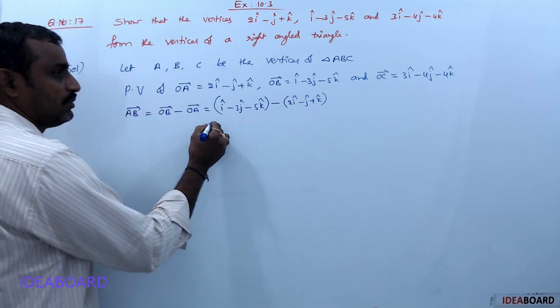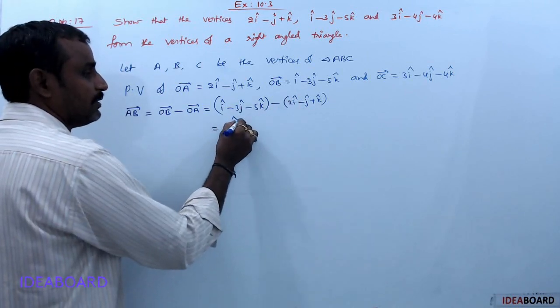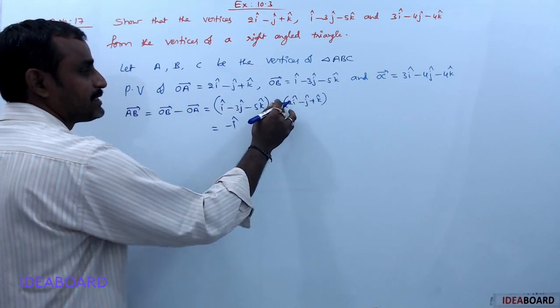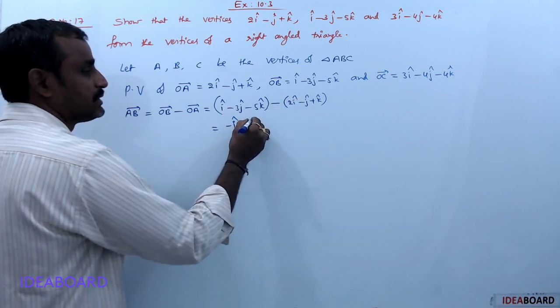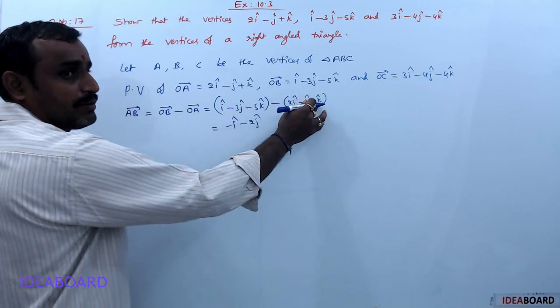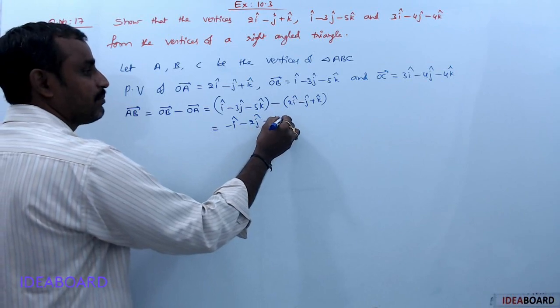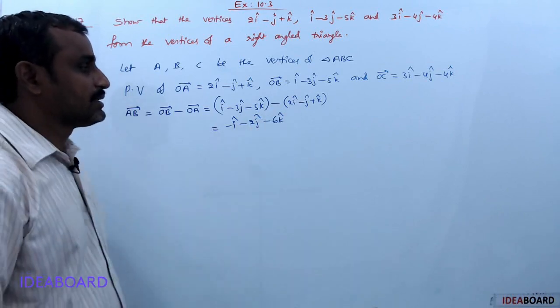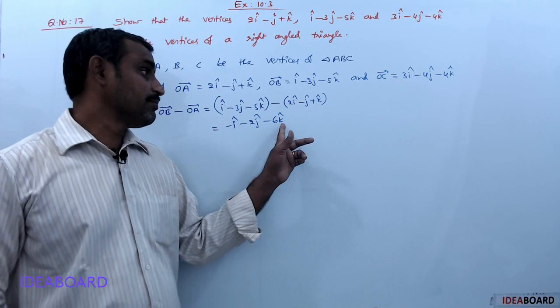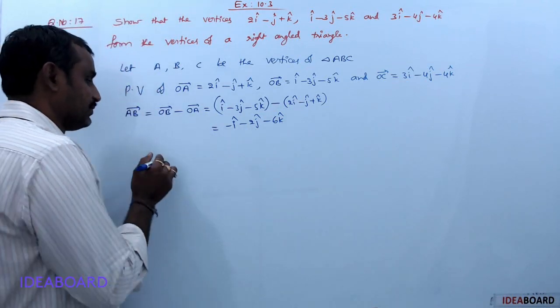So this is i minus 2i, so minus i cap. Minus 3j, minus of minus is plus j, so minus 2j cap. Minus 5k minus of plus is minus k, so minus 6k cap. So minus i cap minus 2j cap minus 6k cap is the AB bar vector.